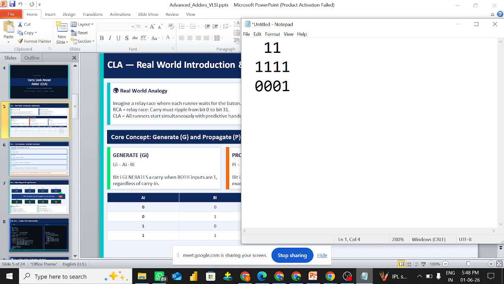So how does your output look here? Wait, I will show you. Your output of 1 plus 1 becomes like this, right? 0 with carry 1.